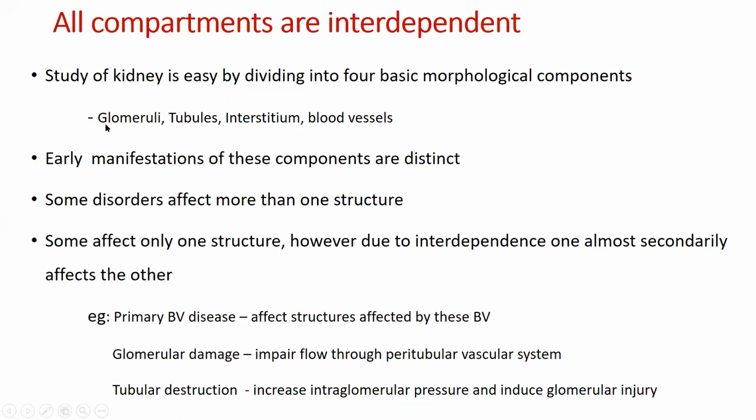For example, if it's the glomerulus, you might have proteinuria, hematuria. If it's the tubules, you might have electrolyte abnormalities, acid-base problems likewise. But later on, as these diseases progress, because these are interdependent, you will get manifestations of all.